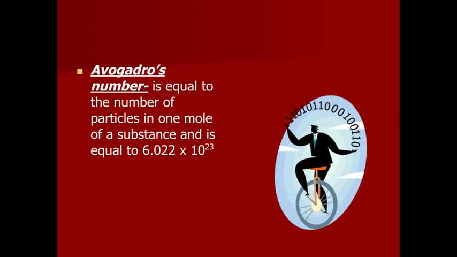It is 6.022 times 10 to the 23rd particles or molecules per mole in 1 mole of a substance, which is a huge number that we can't even fathom because it's so large and has so many zeros behind it. Okay. And so that's the number of particles in exactly 1 mole of a pure substance.